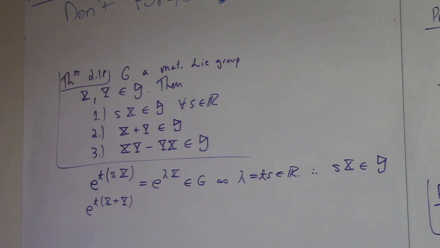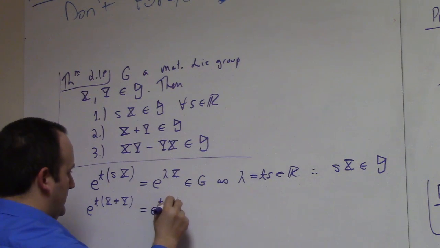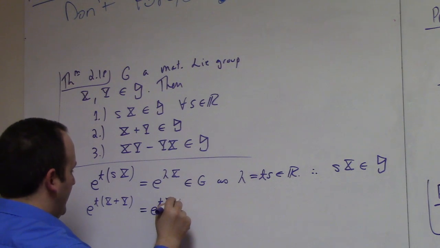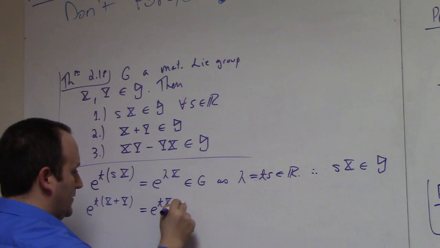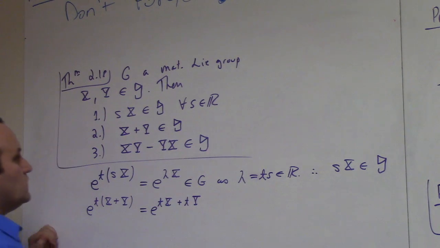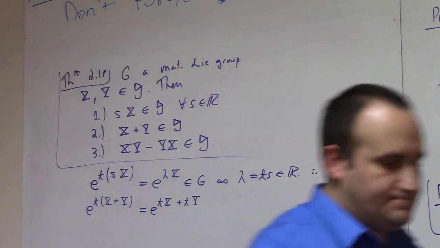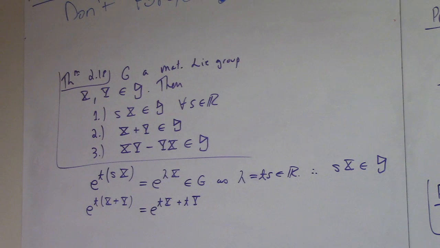Am I allowed to do that? Well, yeah, I can, if you mean e to the tX times e to the tY. But that's not true, not unless X and Y commute. Why do they have to commute? Oh, because then multiplication commutes. I see. Right.